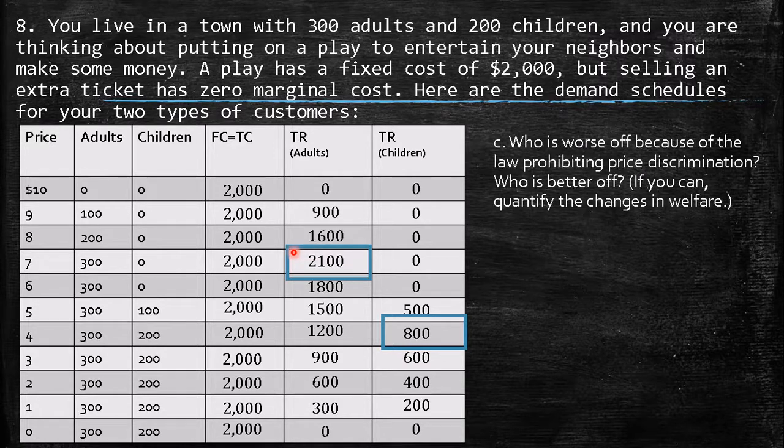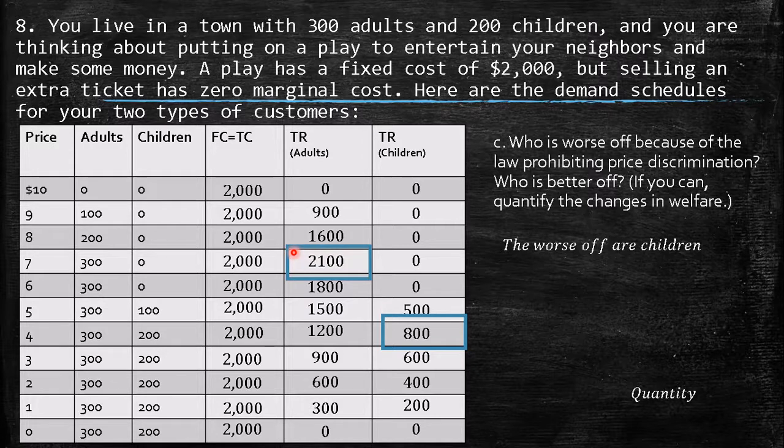Then the next question says, who is worse off because of the law prohibiting price discrimination? Who is better off? If you can, quantify the changes in welfare. Definitely the worse off are the children, because before they could take advantage of the play and pay for it, but due to the change to the price of 7, they won't go anymore.